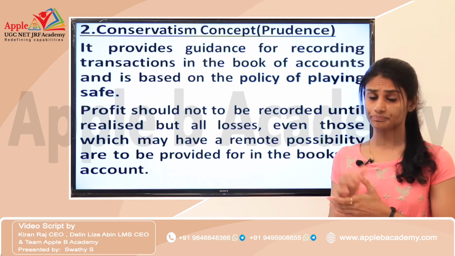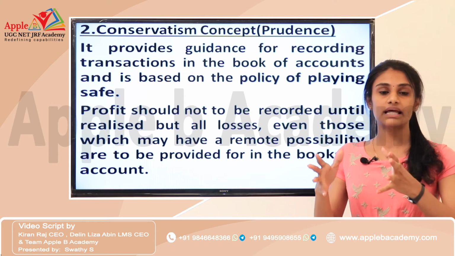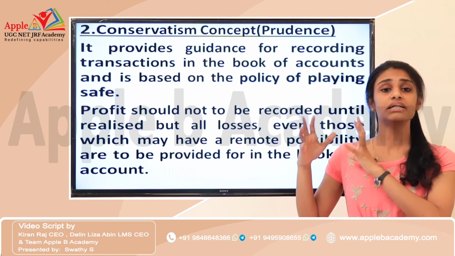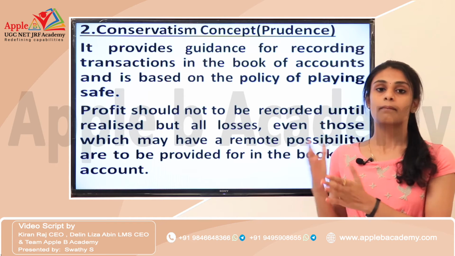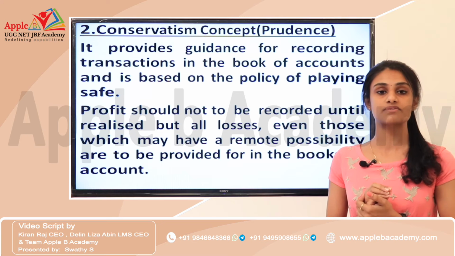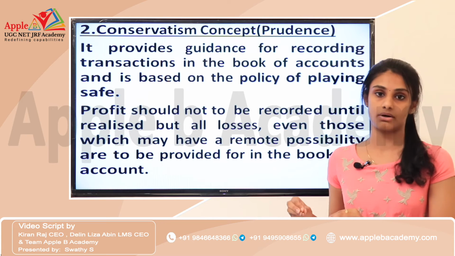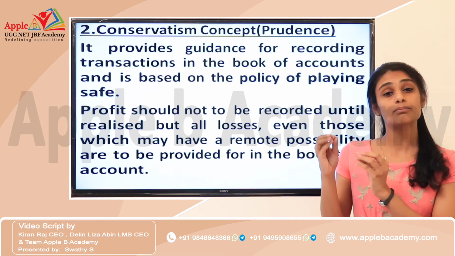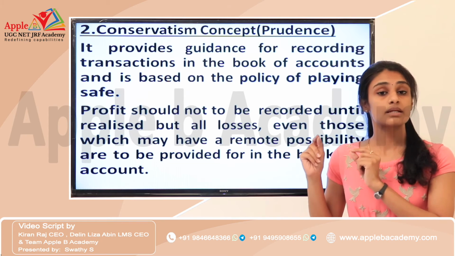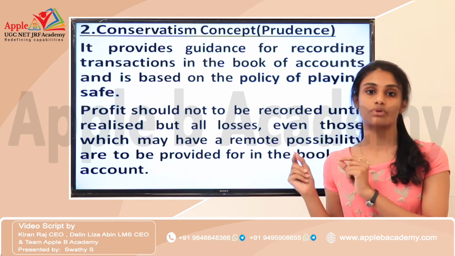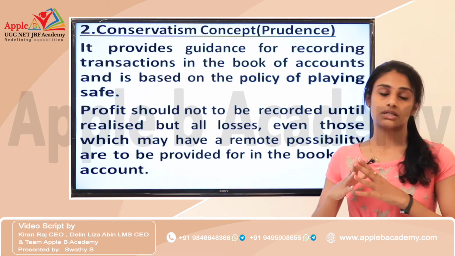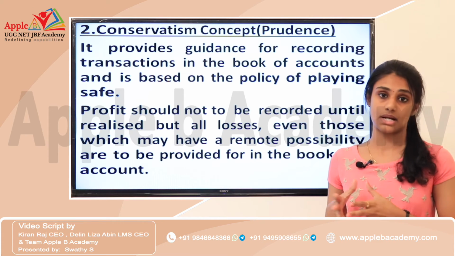What is safety? It means that if you feel there is a 95% chance for profit, you should not record that. But if you find there is a 5% chance for a particular loss, you should record it. Even if it is a remote possibility for a loss, you should record it. But if you find there is a huge chance of making profit, you should not record the transaction.